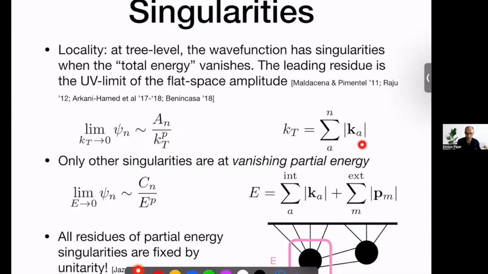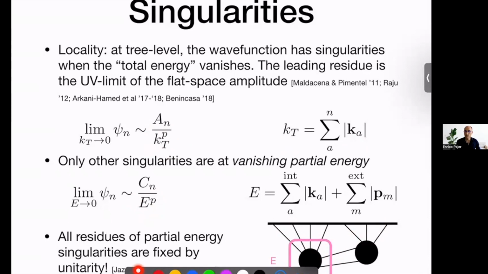It's the sum of all the external ones. Instead, you can also take a sub-diagram and look at all the energy that is entering that sub-diagram. Also, when that goes to 0, you can have a singularity. The claim is that no other singularities can arise at tree level. These are the only ones.